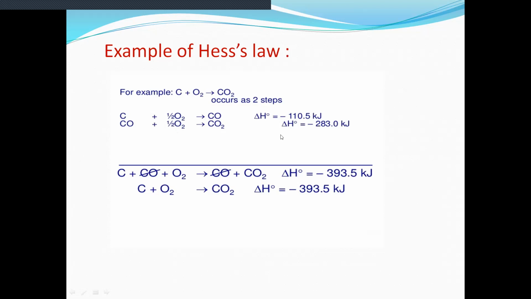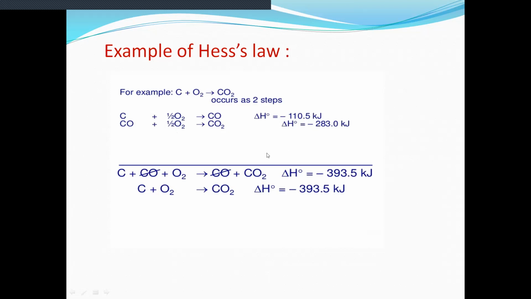Now in both the cases, heat enthalpy change: in first case, it is minus 110.5, while in second case, it is minus 283.0 kilojoule. And addition of these is equal to enthalpy change in the first process, minus 393.5 kilojoule. So enthalpy change in both cases is same.